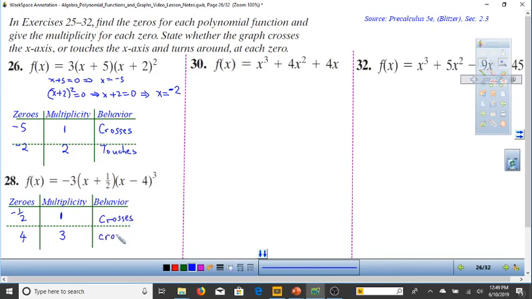But when it crosses at 4, it lingers a bit before it moves on. At 4, it's going to look something like this. You have our x-axis there, and at 4, the graph is probably going to linger around before it moves on.